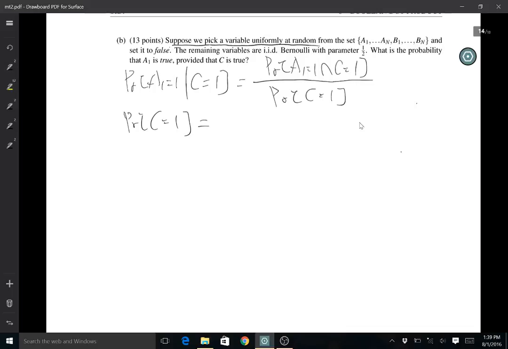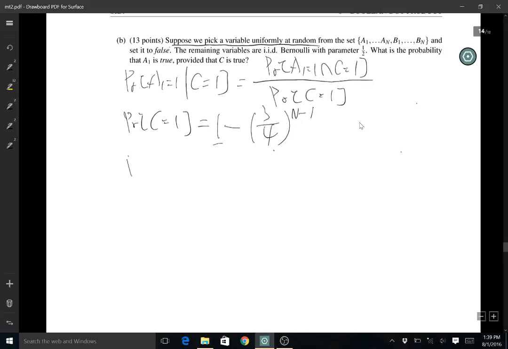So the probability that the rest of the n-1 clauses are not all false is just the probability that C is true, right? So the probability that C equal to 1 is 1 minus the probability that all the rest of the n-1 clauses will be false. So 1 minus that is the probability that C will be true.